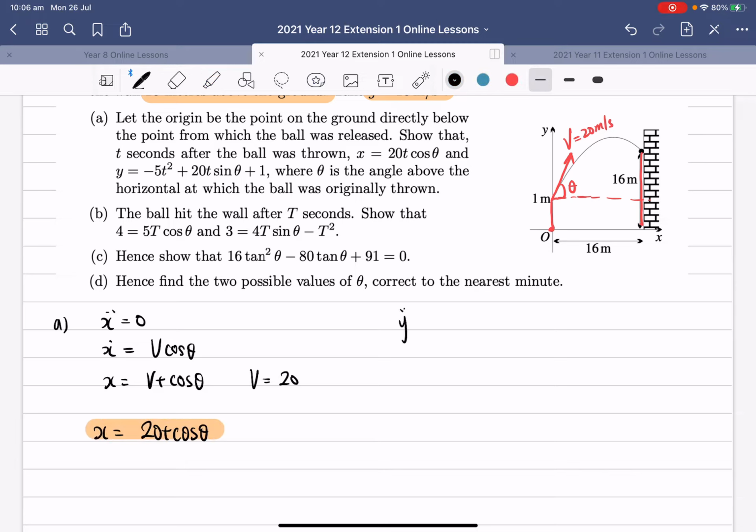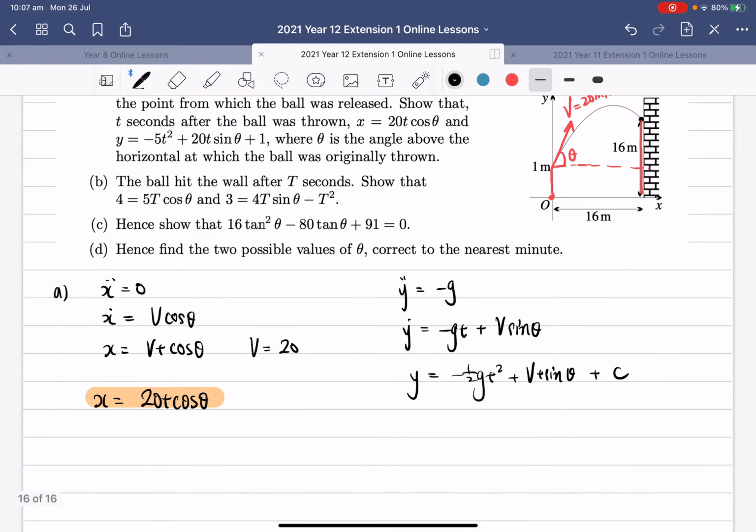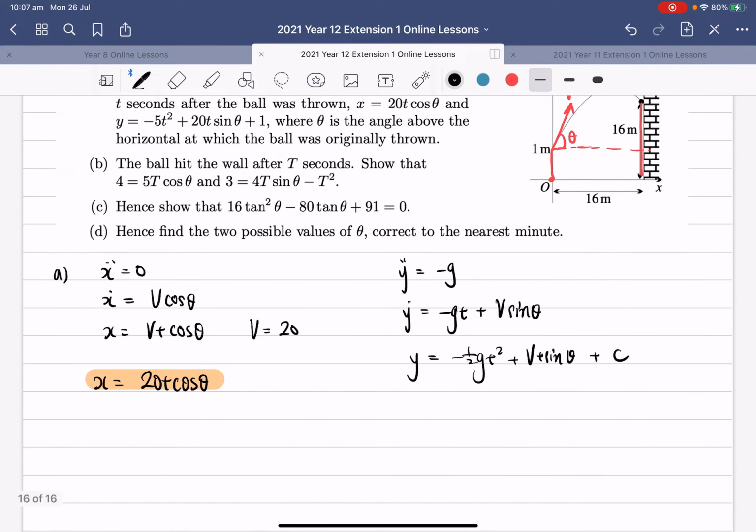For the second one, y double dot is minus g. y dot is minus gt plus v sine theta. And then y is equal to minus half gt squared plus vt sine theta, and this time plus c. We do have a vertical difference here, the starting point is different. So now we're going to substitute numbers inside. g is equal to 10, v is equal to 20.